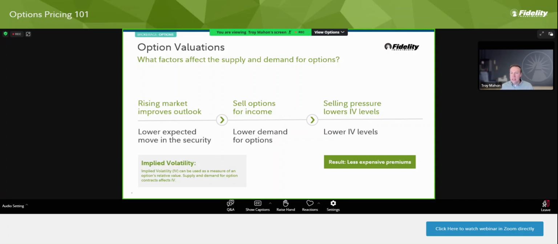So, for example, I'm going to use that same example, XYZ stock trading at 100. Let's say we don't think it's going to go much higher, and we see that 105 option trading at $5. Well, if we don't think it's going to go up to 105, we might sell that, collect $5. If that stock does not ever go to 105, and if anything, it goes down, that 105 contract at expiration is worth nothing.